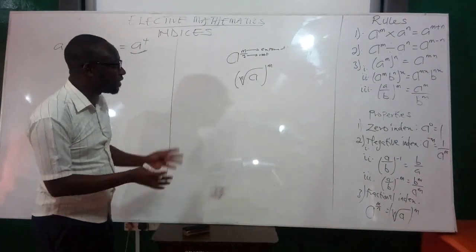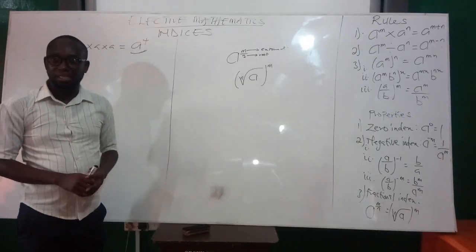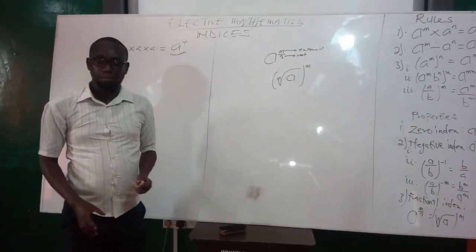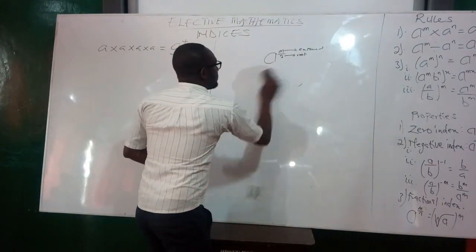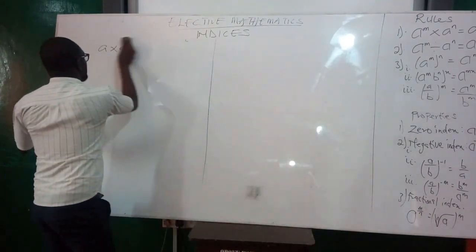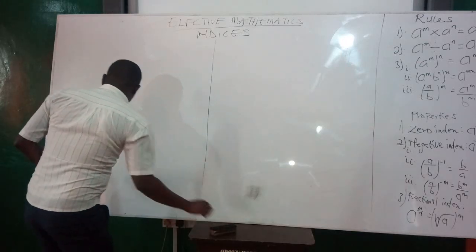Okay, so with all these said, let's look at some questions using these rules and properties. Now question set 1.